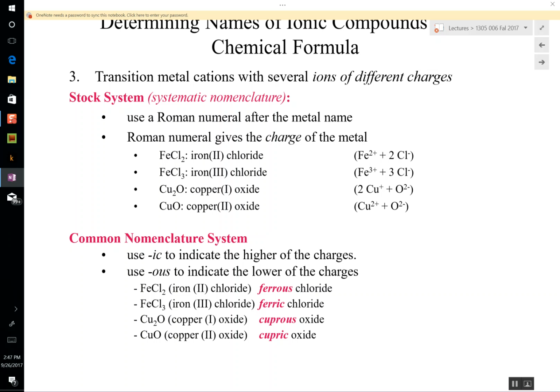So this right here would be the +2 iron, ferrous chloride. Oh, did I erase the other one? Oh, shoot. I put it there specifically. Iron 3 chloride is also referred to as ferric.